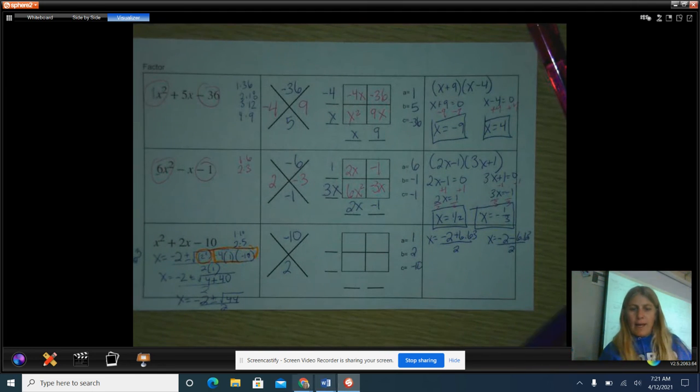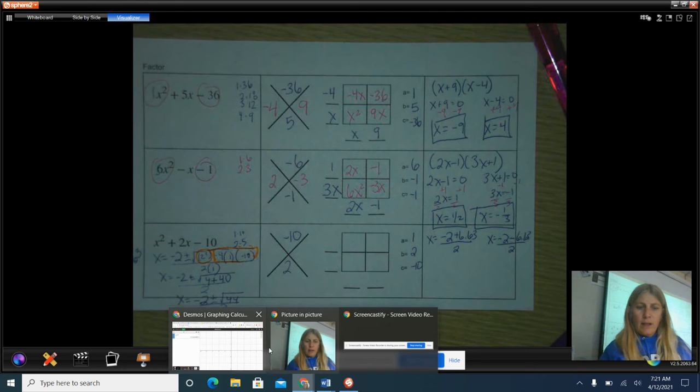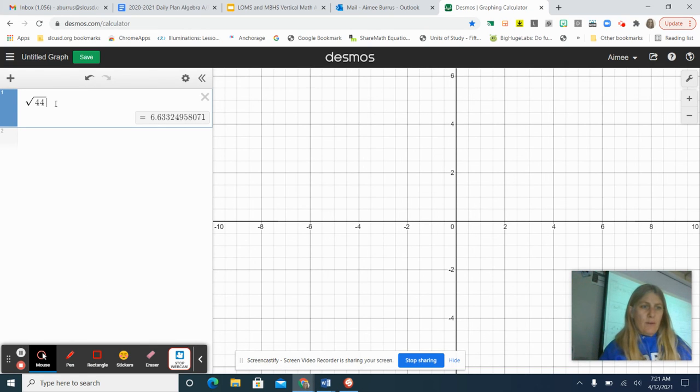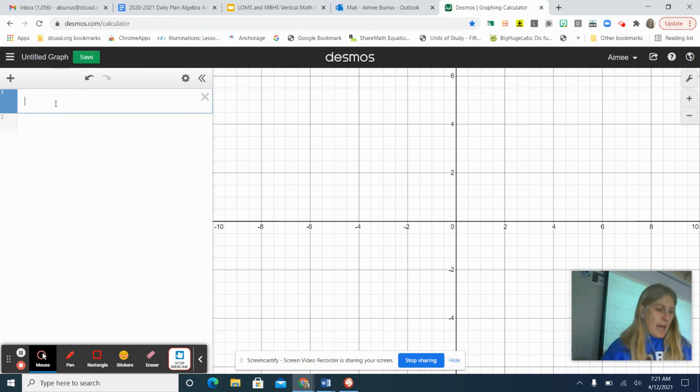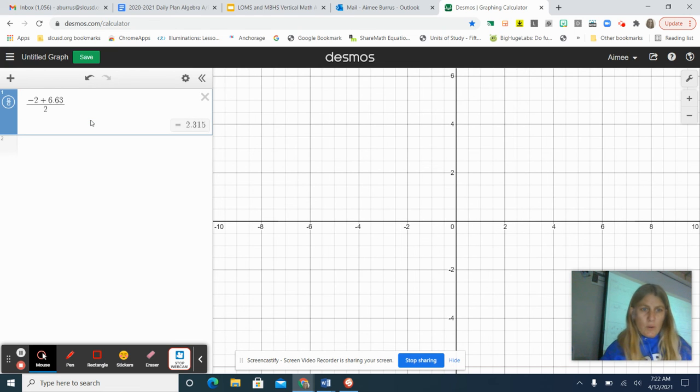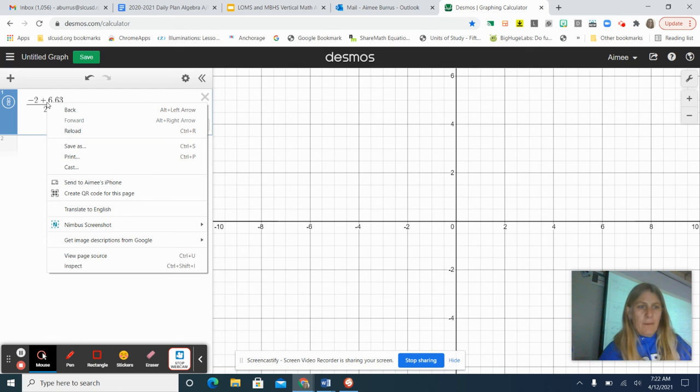So we're going to once again use our calculator to solve those. So we have negative 2 plus 6.63, and then we're going to highlight that whole thing, and we're going to put divided by 2. And then we're going to have that same problem.